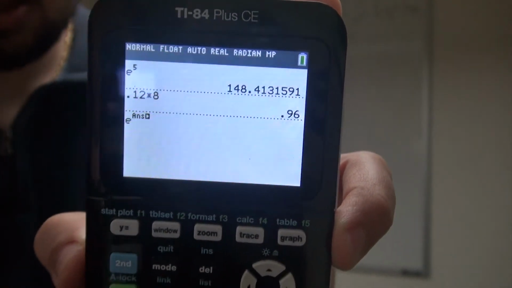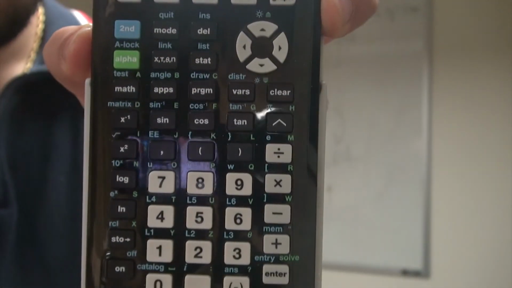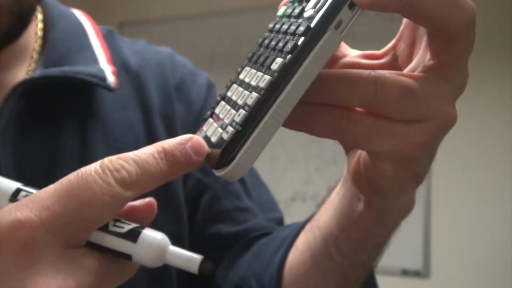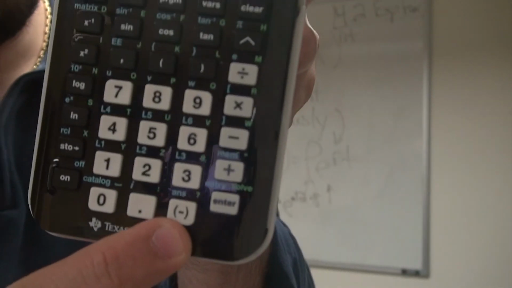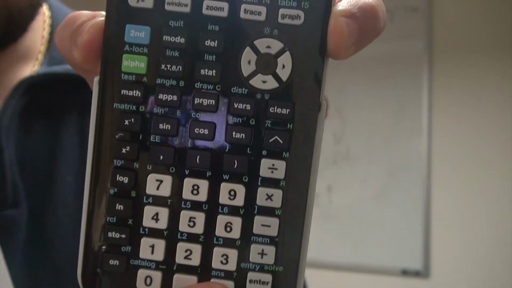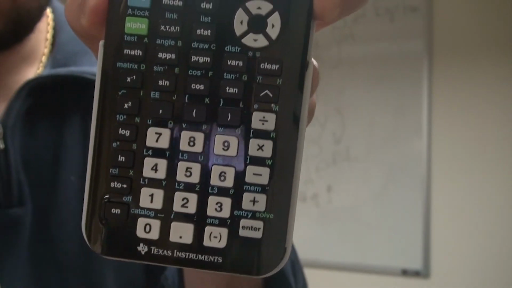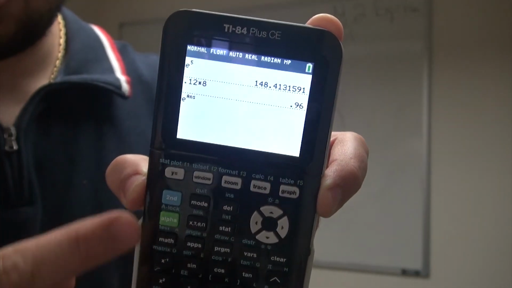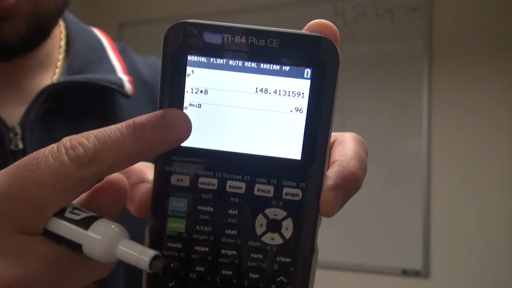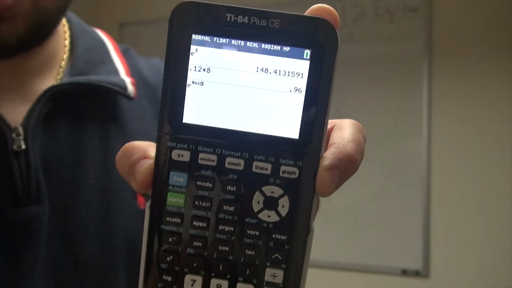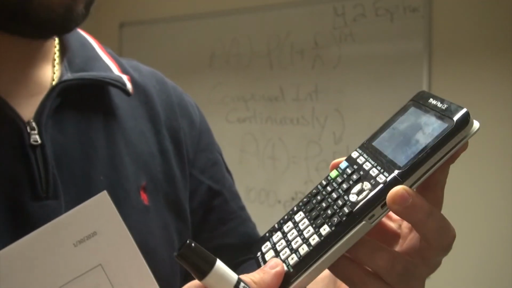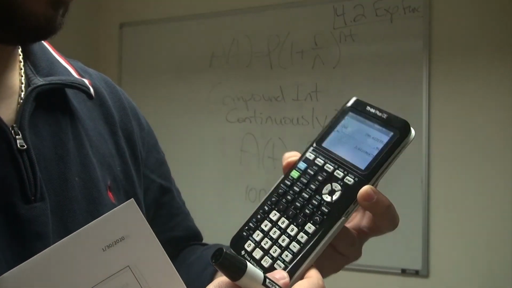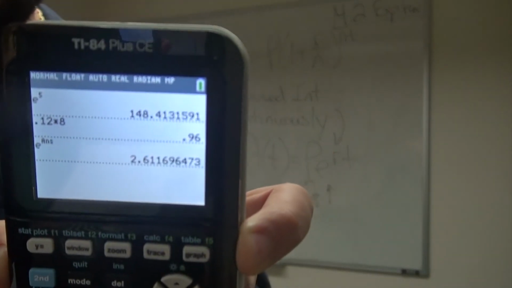How do we get answer? Well, you see it right there. Right above the negative symbol, answer. So if you do second answer, you never have to retype the line right above, the 0.96. I could just do e to the power answer, and it's going to type in the answer from the prior line. So e to the power of 0.96 is 2.611.